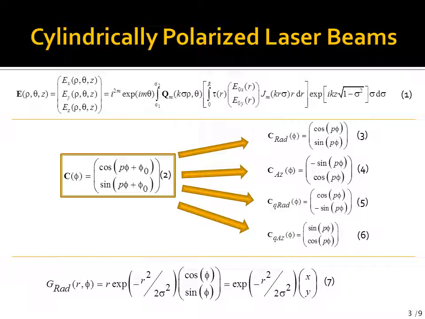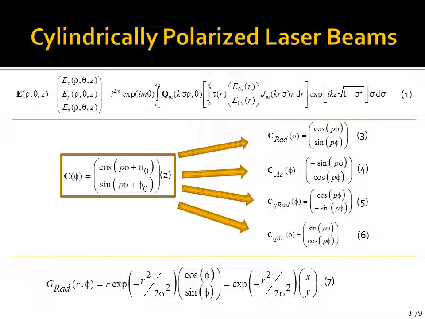In these equations, the cylindrical components in the focal region are considered, k is 2π divided by lambda, so it is the wave number, lambda is the wavelength, f is the focal length, R is the axicon radius, and Q is the vector whose components are combinations of Bessel functions, and the combination's form depends on the polarization of the incident radiation. The various types of high-order cylindrical polarizations can be combined by equations 2.